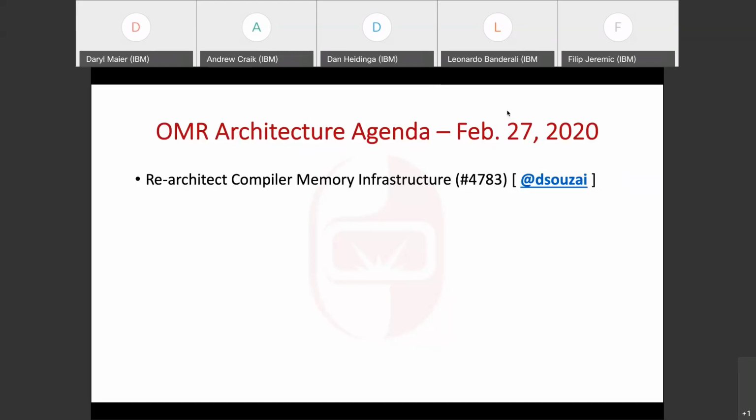Maybe it's fine. I just said, for simplicity. Okay, fair enough. I was trying to understand why they had to be in OMR if they weren't used in OMR. It was literally just for the API reason. Like you said, there's different ways of doing that. That's up for debate. I'm not wedded to any one of them.